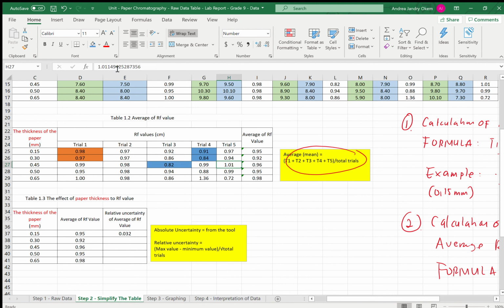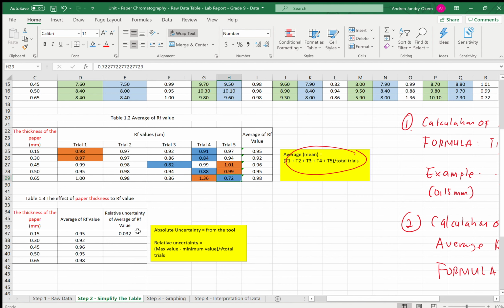Oh, sorry, highest. Which one is the highest? This one is the highest, this one is the highest, this one is the lowest, and this one is the lowest. Sorry, this one is the lowest.